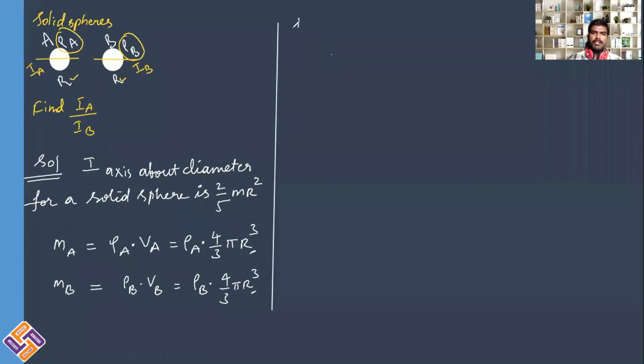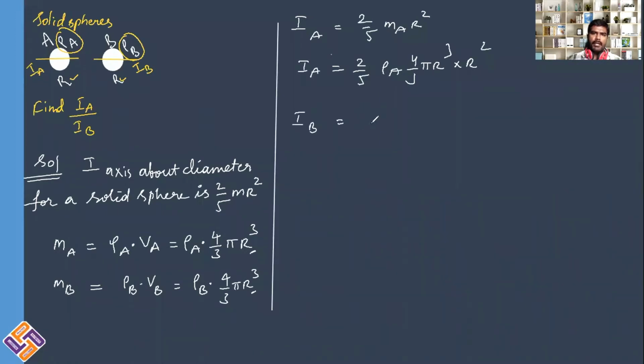Now moment of inertia Ia is equal to 2 by 5 Ma r square. This is equal to 2 by 5 rho A 4 by 3 pi r cube into r square. This is IA. Likewise, moment of inertia IB is equal to 2 by 5 rho B 4 by 3 pi r cube into r square.